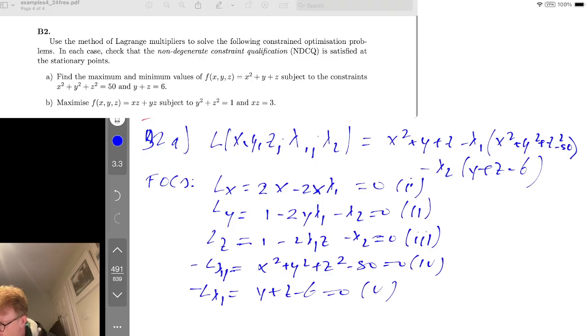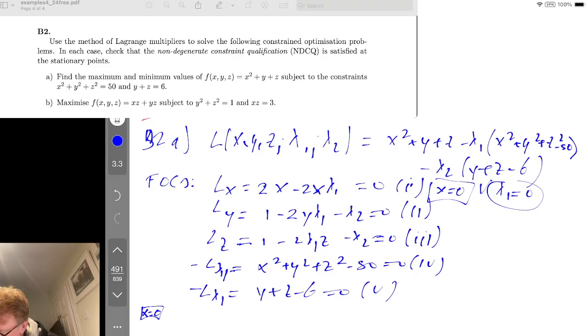So the first one gives us x is 0, or lambda 1 is 1. So let's call this square. Let's call this circle. Let's see if we can first do x is 0.